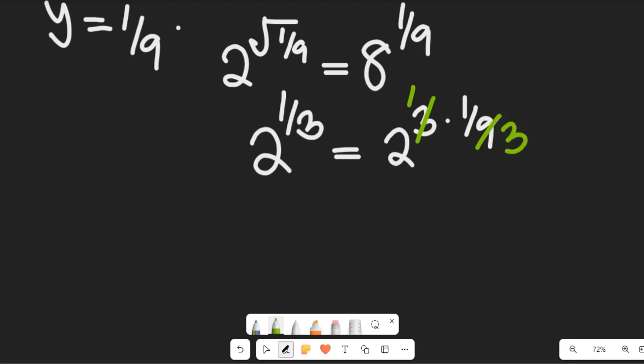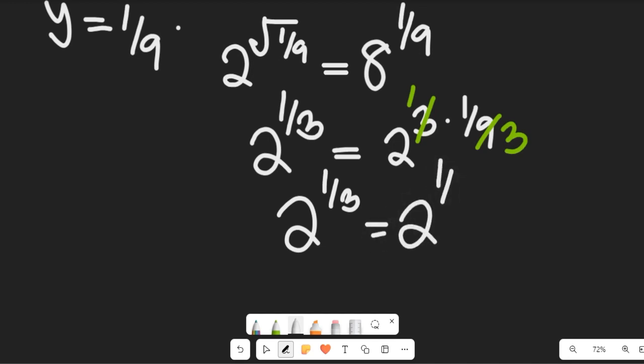So we have 2 to the power of 1 divided by 3 equal to 2 to the power of 1 divided by 3. That shows us that the value of y equal to 1 divided by 9 is also a solution.